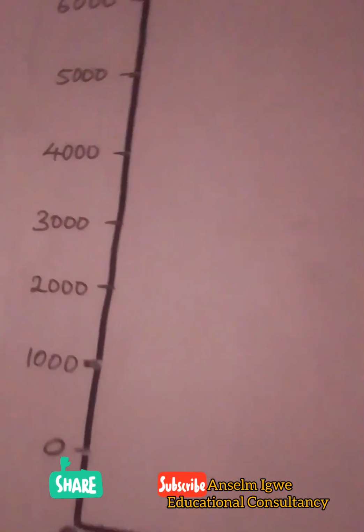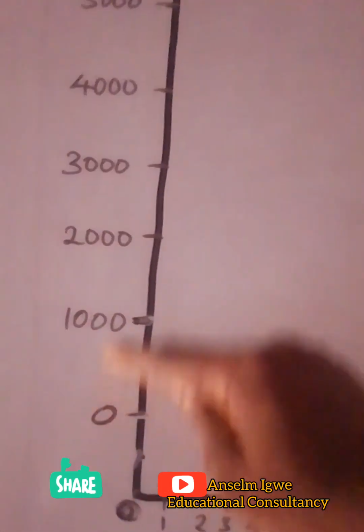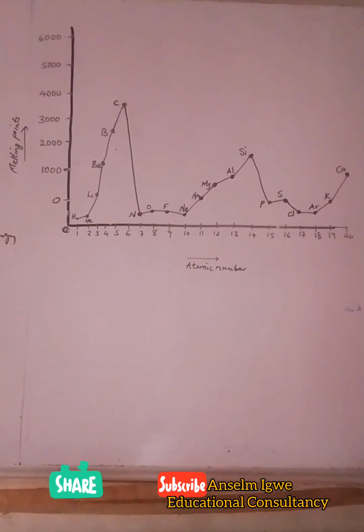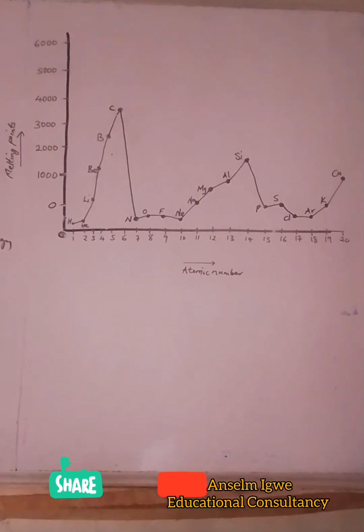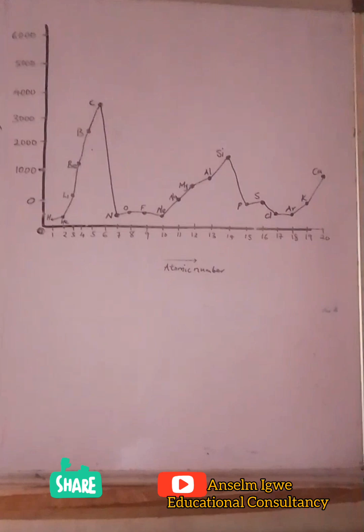Now, I'm going to make a graph of melting point plotted against the atomic number of elements. So this is the graph of melting point plotted against the atomic number of the first 20 elements. You see the behavior of the graph.